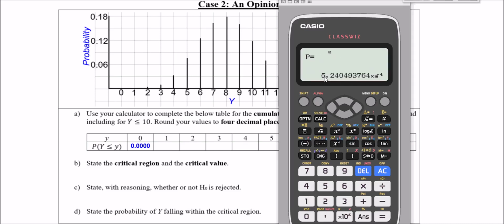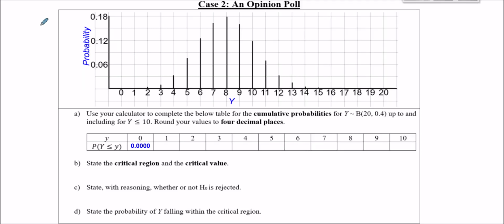This one would be 0.0005. So going back here, we fill this one in. Try and fill the rest in yourself. Press pause now and do that if you can. Then press play and I'll show you what the other cumulative probabilities should have been. Okay, here are the rest of them. I'm hoping you got these as well.